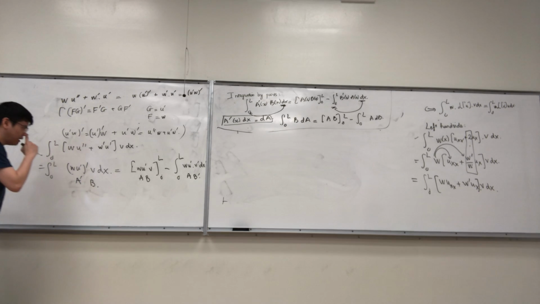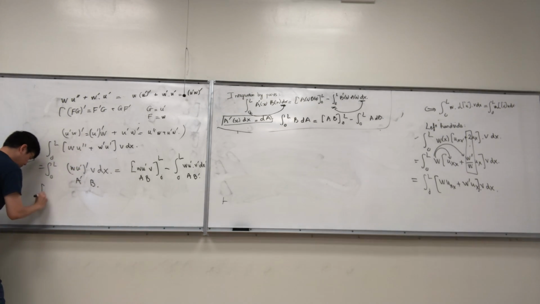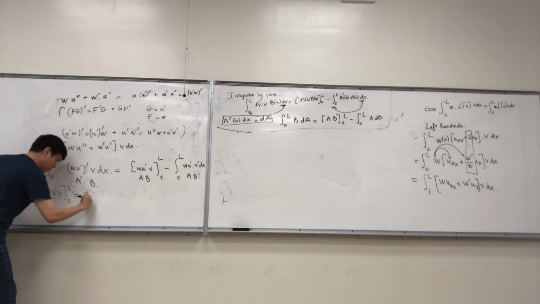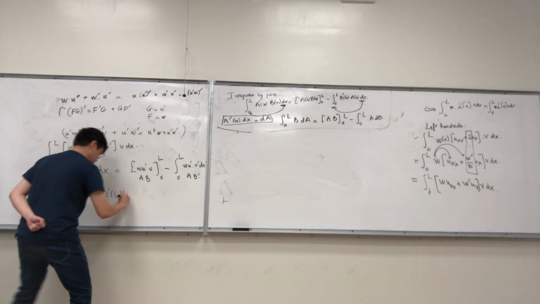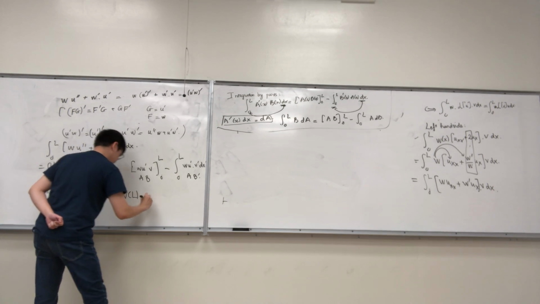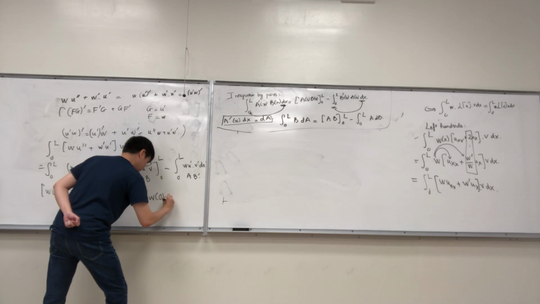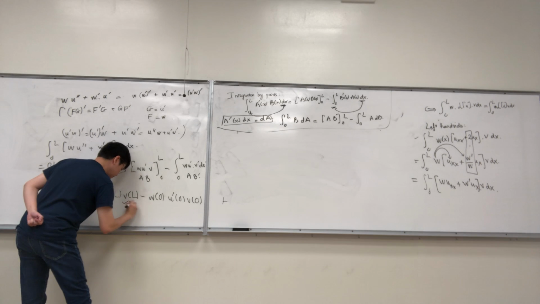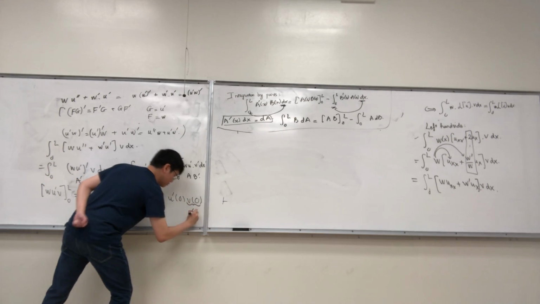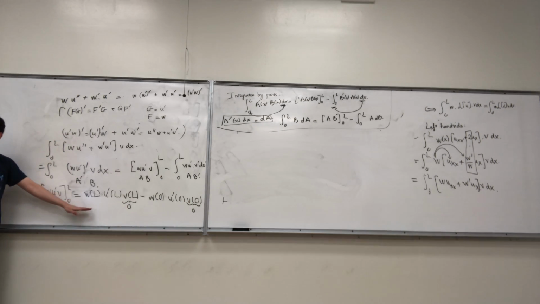So you will have what? This is 0. So W u prime V evaluated at 0 and L will be W(L) u prime(L) V(L) minus W(0) u prime at 0 V of 0. So this is 0 and this is 0 because of the boundary condition, right?